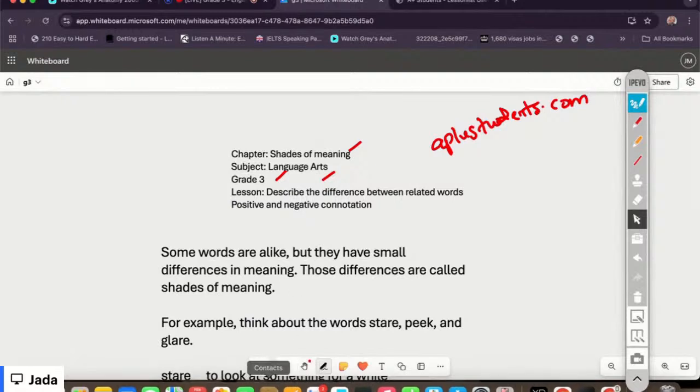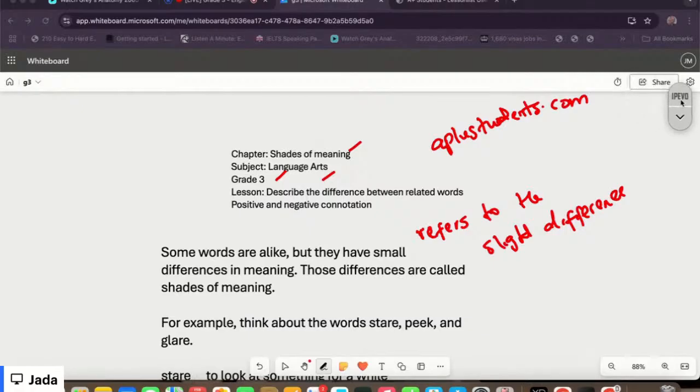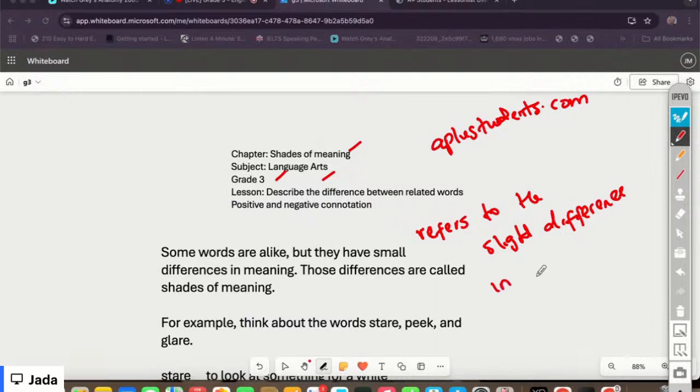We have to note that shade of meaning just refers to the slight difference in meaning between words that are familiar.